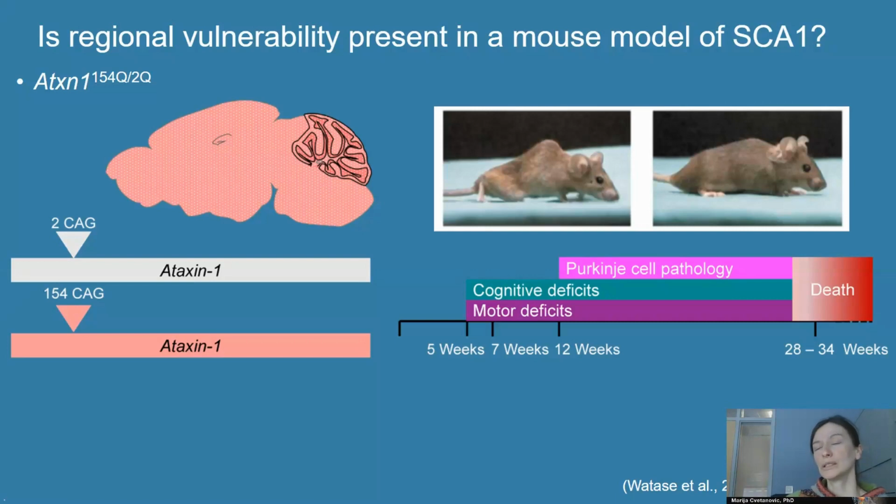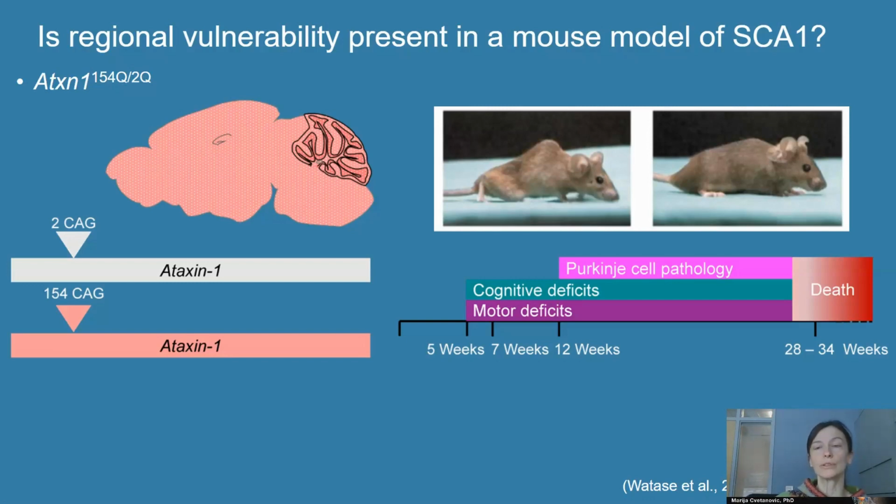These mice also have cognitive deficits, and although I did not mention it earlier, cognitive deficits are also present in the patients. You can see very visible atrophy of Purkinje cells, which we call here Purkinje cell atrophy, and I'll describe it in more detail in the next slide, already starting from 12 weeks of age. These mice also have premature lethality that's seen in patients, and in mice it starts around 28 to 34 weeks of age.